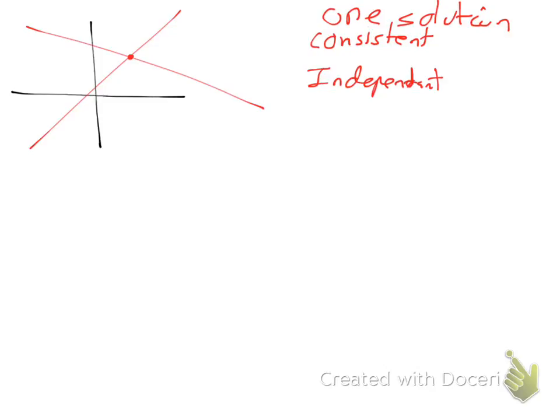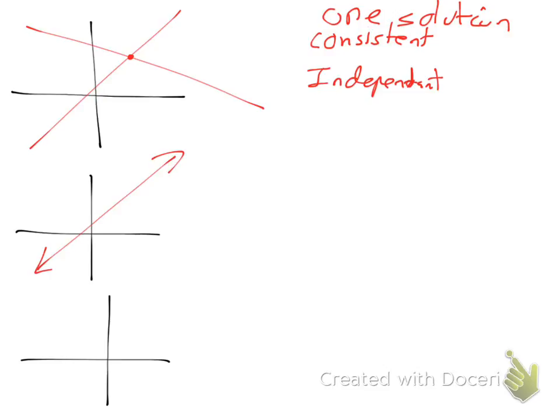Another situation that we're going to come across, and again, there are three of them. So I'll just draw two more of these. What happens if you draw both of your lines, and all you see on the graph is only one equation? You only see one line. That means your lines are stacked on top of each other, right? Which means they're the exact same line.